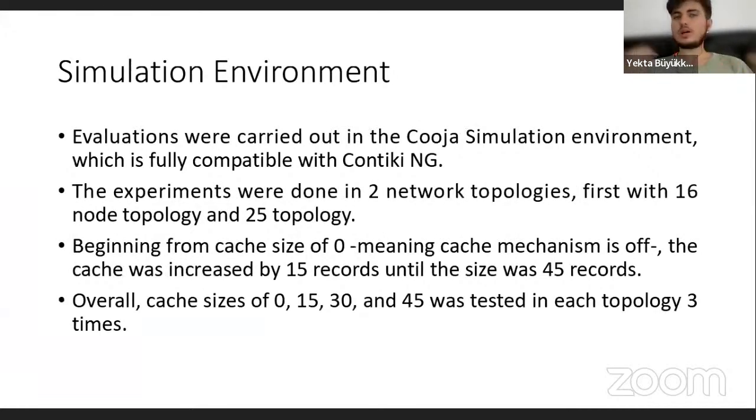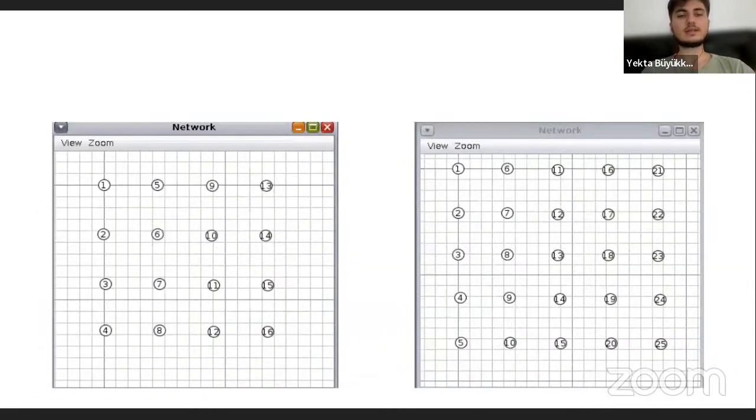So I will get to our methodology, our simulation environment, and what we've done. Evaluations were carried out in the QGIS simulation environment, which is fully compatible with the Quantic operating system. It's an application, and you place your nodes like this. There are 16-node and 25-node topologies in our paper, and this is the QGIS simulator.